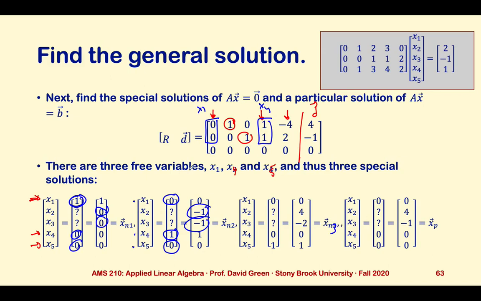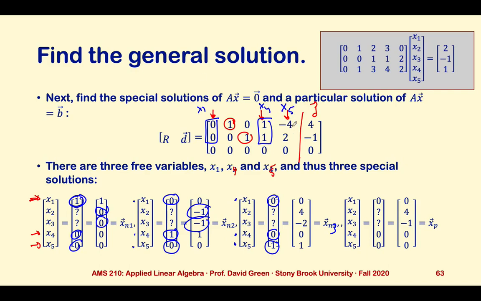Our third special solution comes from, again, looking at our 3 free variables. x1 and x4 are 0 in this case, and x5 is 1. The pivot variable entries come from the x5 column.